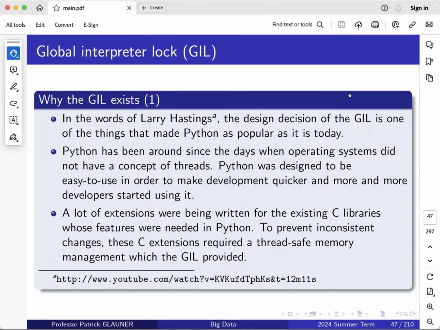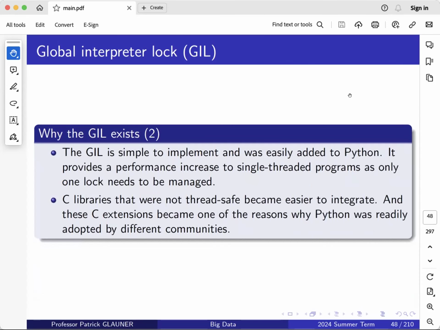And there are a couple of reasons why the global interpreter lock was introduced in the early days, because it allowed to build thread-safe Python applications easy and to integrate lots of legacy C libraries which were not thread-safe at that moment.